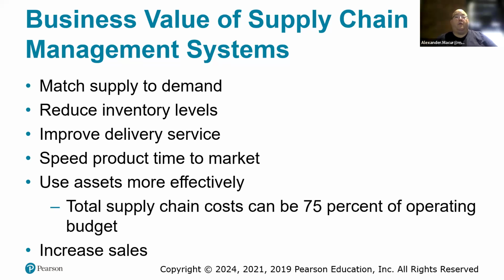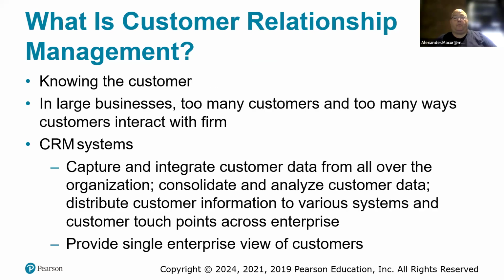We should have better delivery, better launch to not only manufacturers but the final consumer. And we should use these assets to even help us increase sales, realizing supply chain costs about 75% of our budgets, which is astronomical. And with that, we look at how we have a better relationship with our customers.